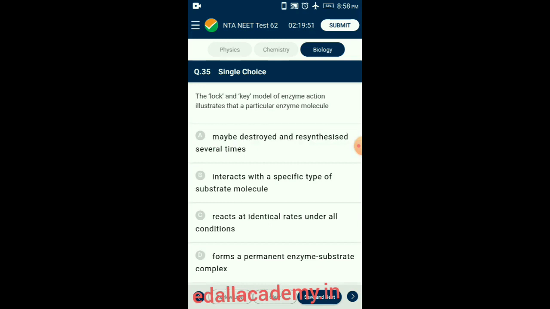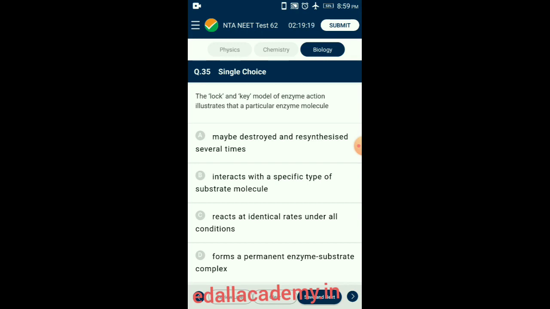Question number 35. The lock and key model of enzyme action illustrates that a particular enzyme molecule. Emil Fischer in the year 1894 proposed the lock and key theory for the mechanism of enzyme action, according to which the active sites of enzymes have a specific geometric shape wherein the substrate molecules fit just like a key in a particular lock.